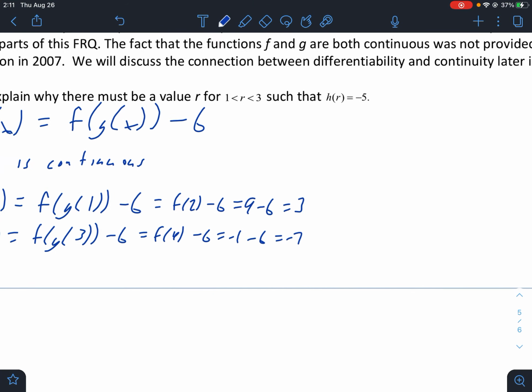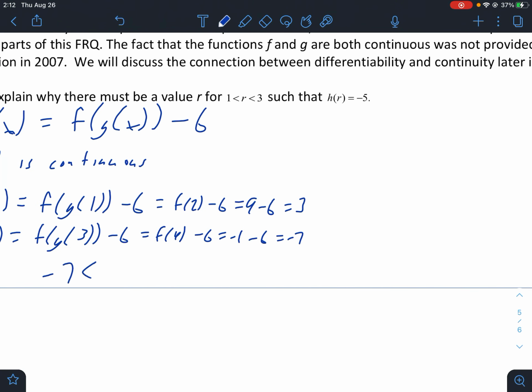So the question is, is negative 5 between those two numbers? It sure is. Negative 5 is greater than negative 7, but less than 3. So therefore, the IVT would apply here.